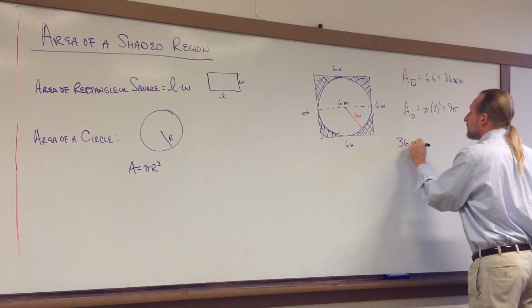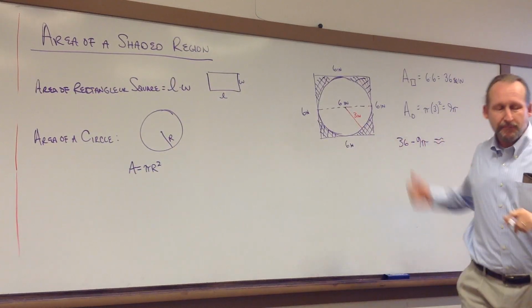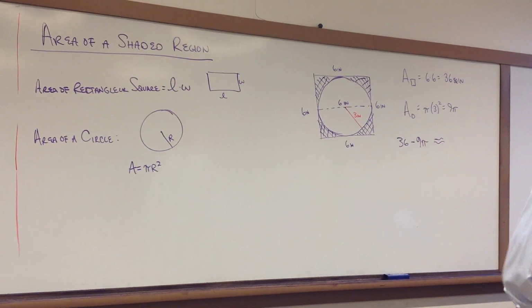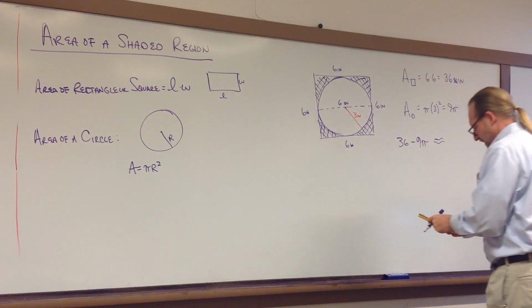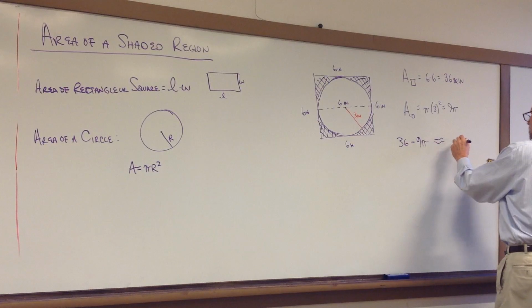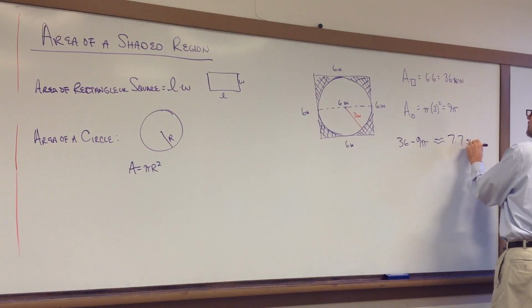So the area of the shaded region is 36 minus 9 pi, and now we can get a good approximation for that, about 7.7, and this will be square inches.